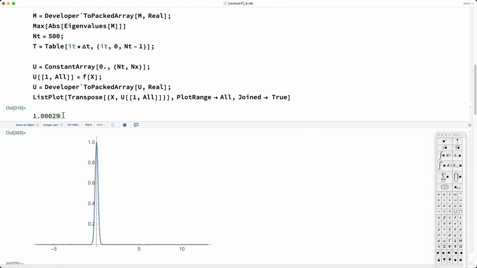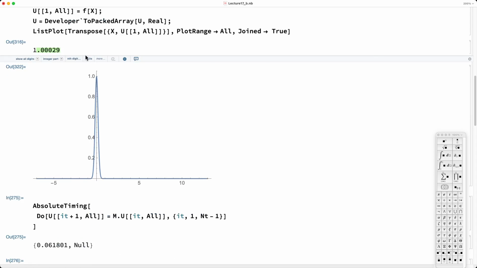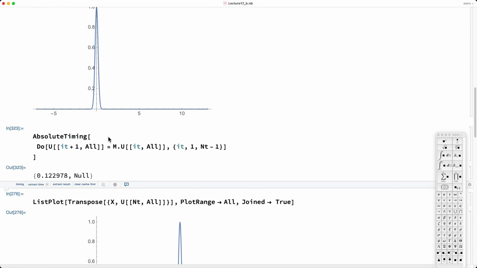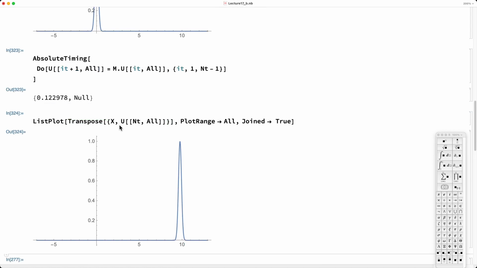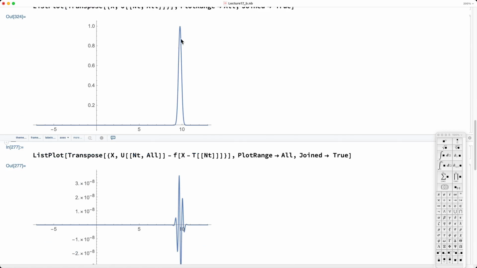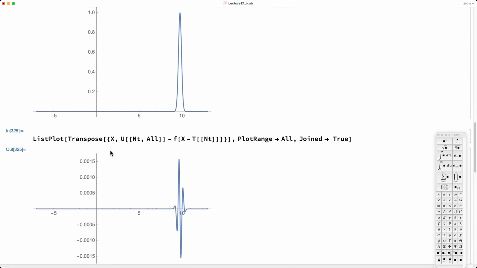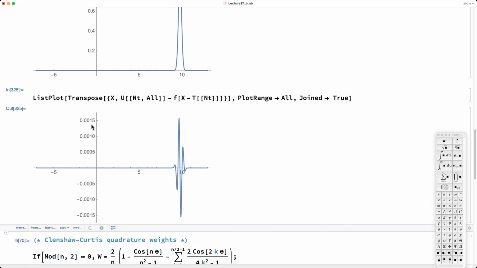I see a potential issue here, is that the eigenvalue is slightly larger than 1. So we may run into instability. Okay, this looks stable. The accuracy is much lower, of course, because we're using finite differences.